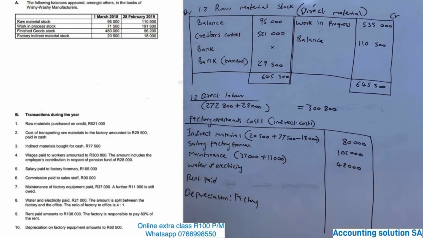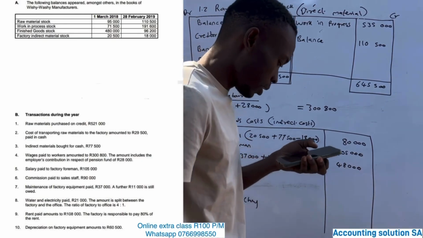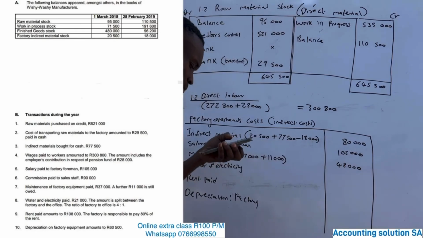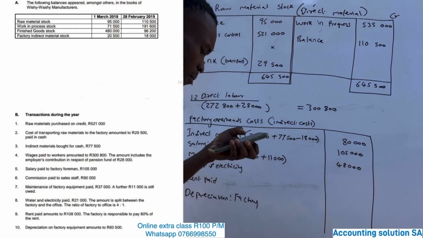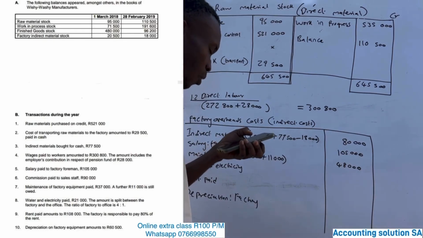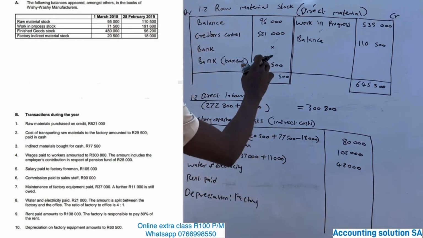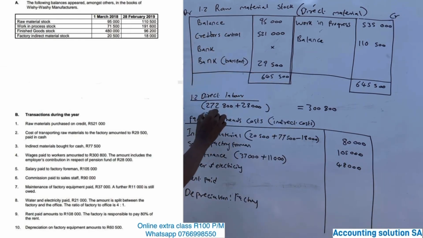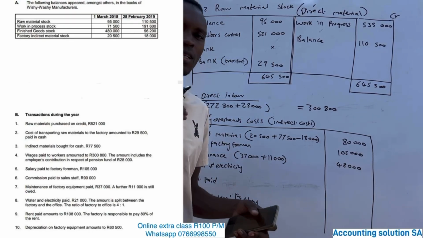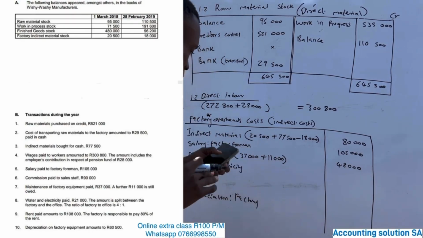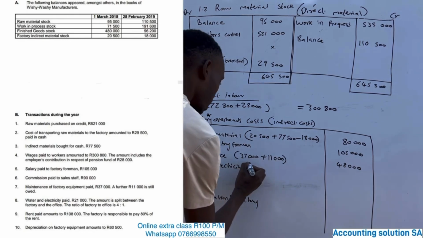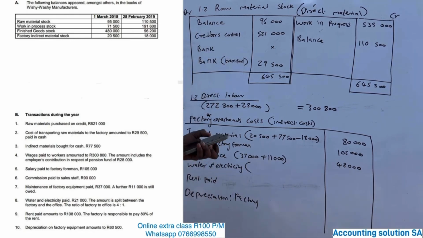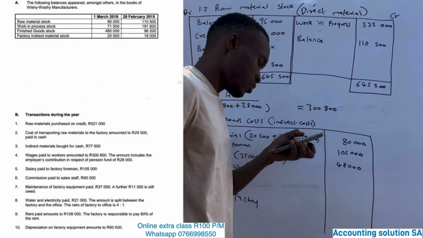48,000, just like that. Okay, and the next one, they said water and electricity paid for 21,000, and the amount is split between the factory and the office. Remember here, we only calculate what belongs to factory. Any other thing that does not belong to factory, we don't include. Okay, water and electricity, they say that it's 21,000.